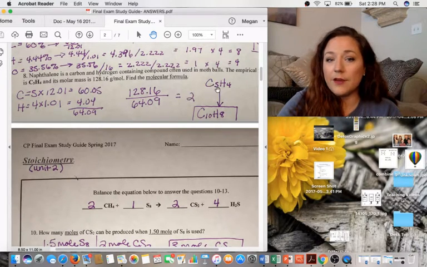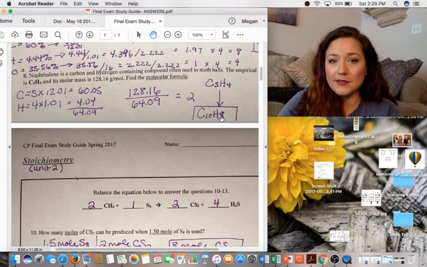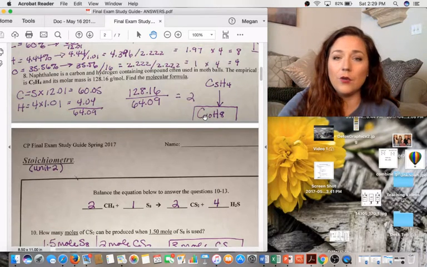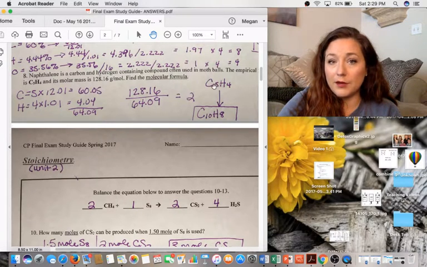So C5 times 2 is C10. H4 times 2 is H8. This C10H8 is going to be your molecular formula. We went from an empirical to a molecular formula.